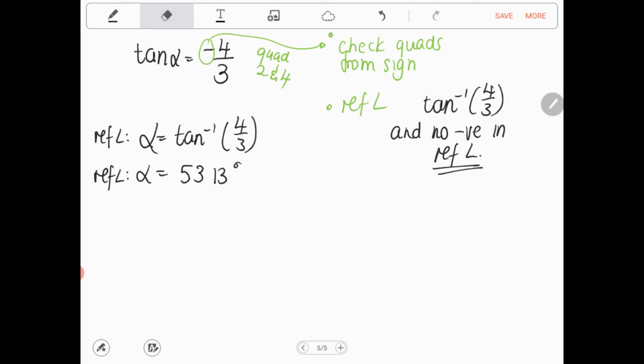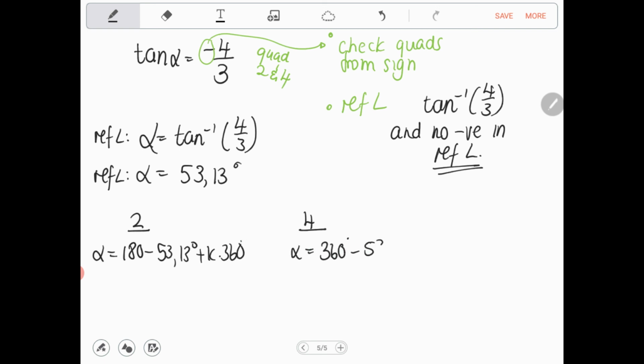I'm not done. All right, so where am I going now? I said I had to go into quadrant 2 and quadrant 4. Quadrant 2 is always reference angle subtracted from 180. So 180 minus 53,13 plus k lots of 360. And this is 360 minus 53,13 plus k lots of 360.